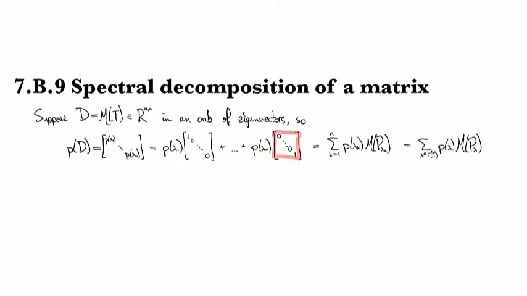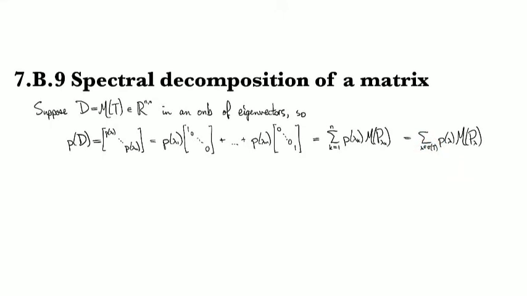So these are the matrices of the projection operators corresponding to the lambda k eigenspace for each of these. And so we can write this sum over an index that goes from 1 to n as we run through the list of eigenvalues, or we can just say let's sum it over the list of eigenvalues. Okay, so that's a recap from the last clip.